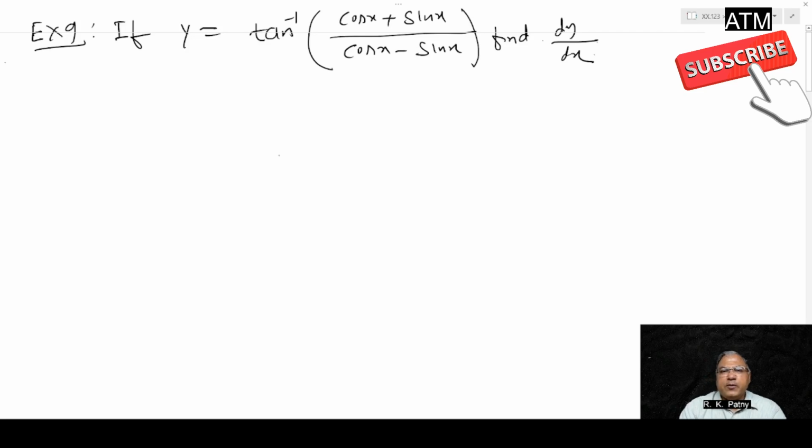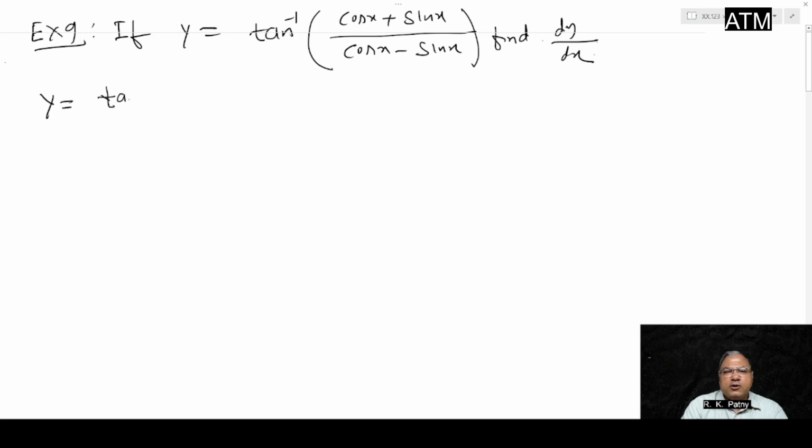Here, example number 9. If y equals tan inverse of (cos x plus sin x) upon (cos x minus sin x), find dy by dx. It is similar to the previous problem. We have y equals tan inverse of (cos x plus sin x) upon (cos x minus sin x).